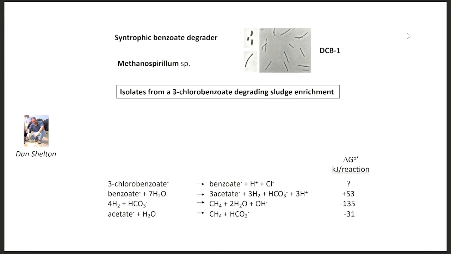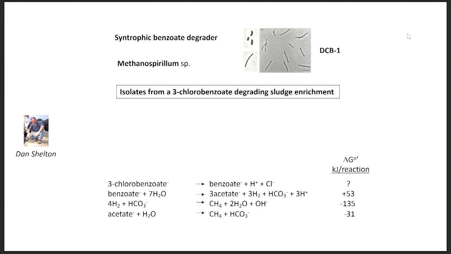And I was really lucky because when I joined this group, there had been a PhD student, Dan Shelton, and he had isolated DCB-1, the dechlorinating organism, and he had isolated in co-culture the syntrophic benzoate degrader, and he had a pure culture of Methanospirillum, the hydrogenotrophic methanogen.